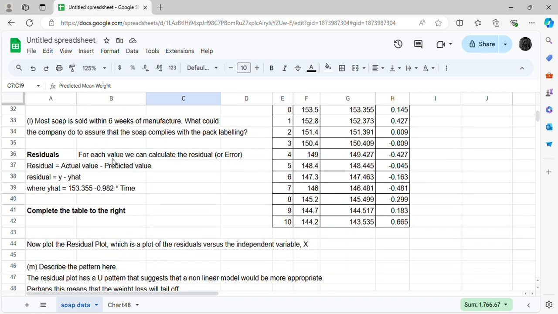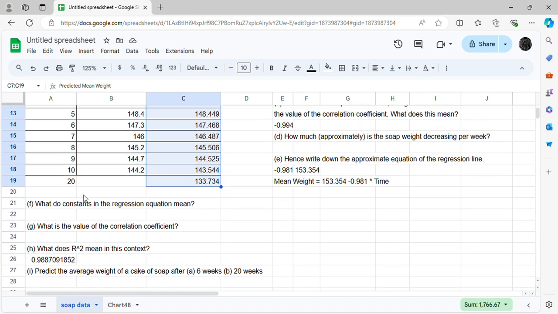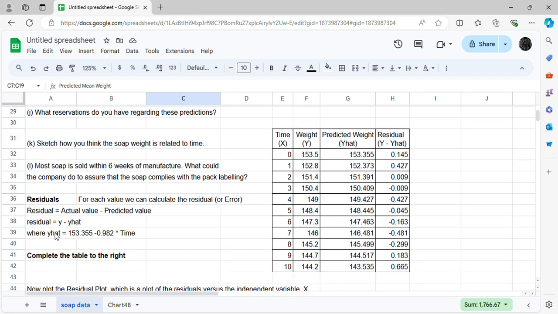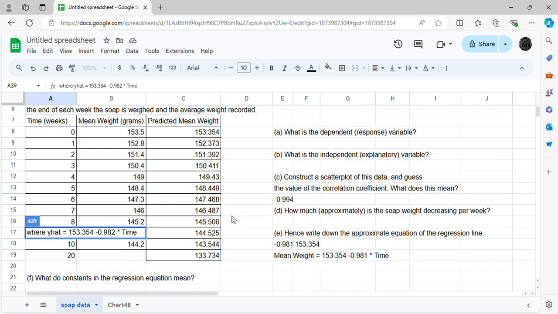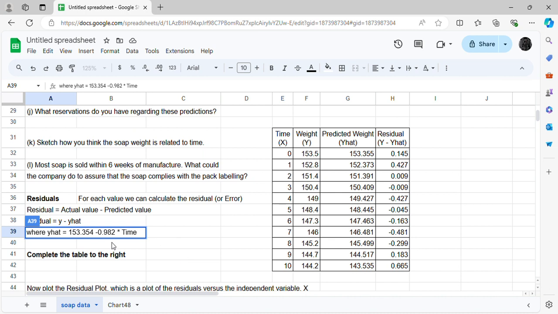Residuals. For each value, we can calculate the residual or error. Residual equals actual value minus predicted value. Residual equals y minus y hat, where y hat equals 153.354 minus 0.981 times time.